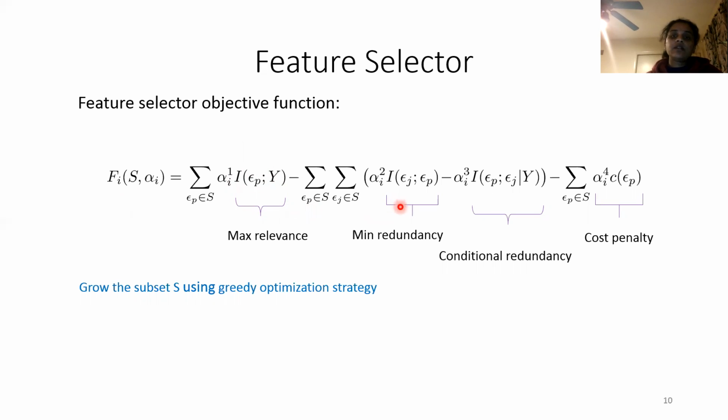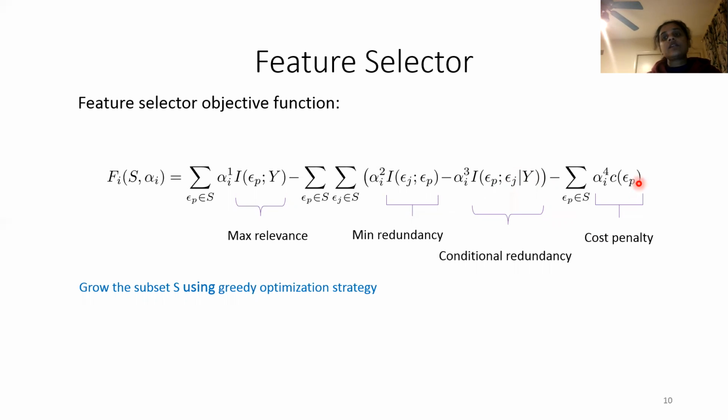The second term is the correlation between pairwise features in the selected subset S. This needs to be minimized because if 2 features are highly correlated among themselves, one of them is redundant and does not add any value. The third term is called conditional redundancy, and this is the mutual information between every feature and the class conditional variable, and this needs to be maximized.